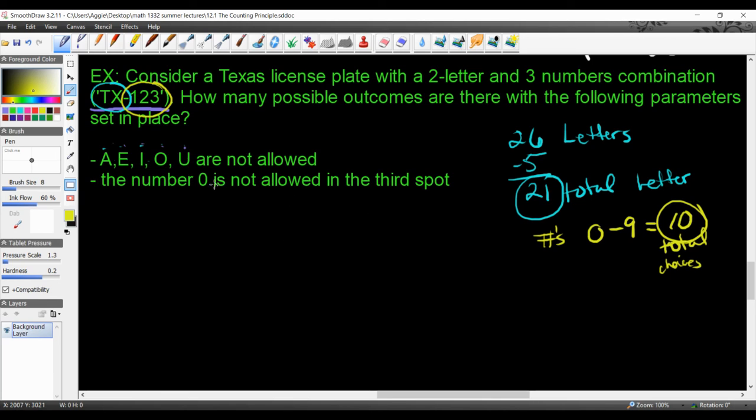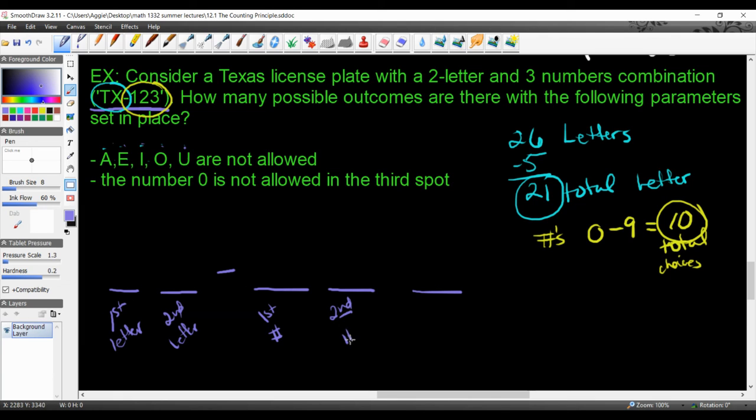And then it says the number 0 is not allowed in the third spot. So when it comes to the third spot, we're going to have to keep that in mind. Here's how I would set this up. This is your first letter, this is the second letter, this is the first number, second number, third number.